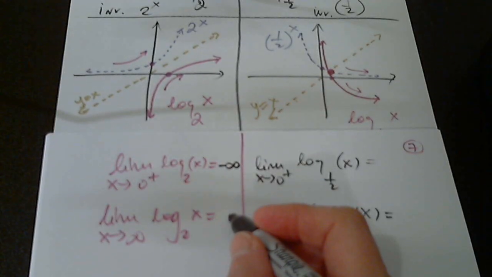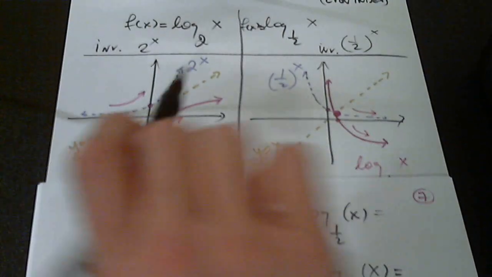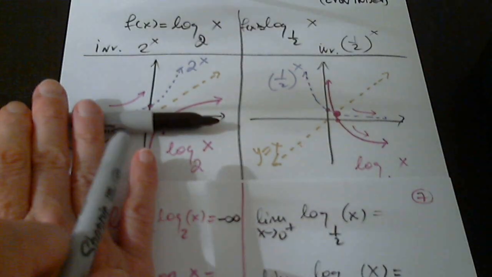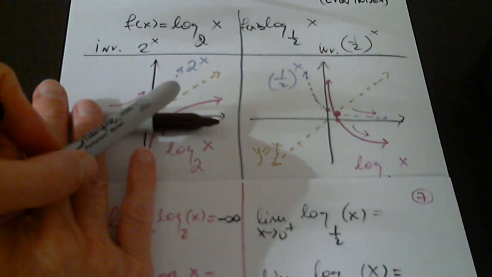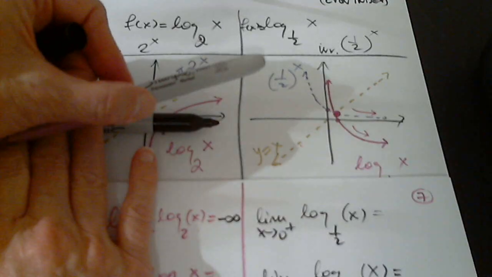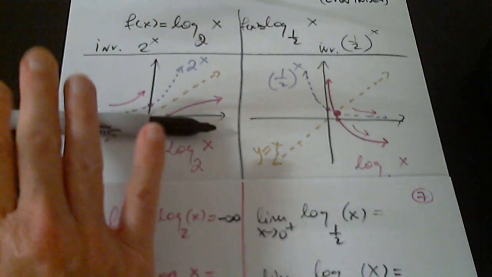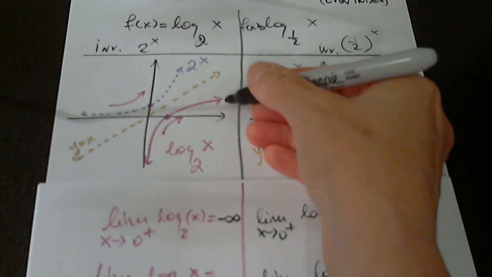Good. And limit of log base 2 of x as x approaches infinity. 0. Okay, let's take a look. As x approaches infinity, the function values get closer and closer. Is it positive infinity? Perfect.